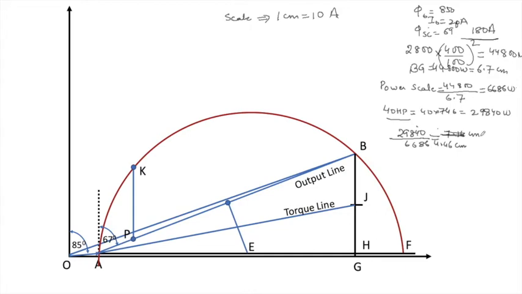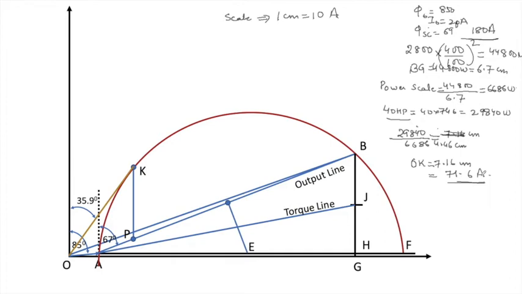Now for the current, we'll join the line OK and measure it. OK is equal to 7.16 centimeter. So 7.16 centimeter means 71.6 amperes is the rated current, and the power factor is calculated by the angle, which is 35.9 degrees.